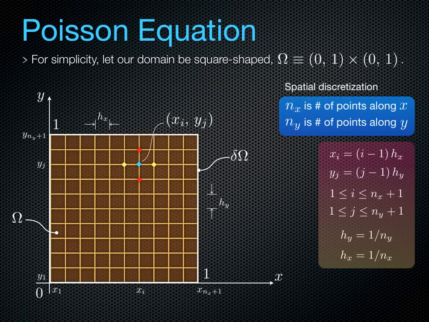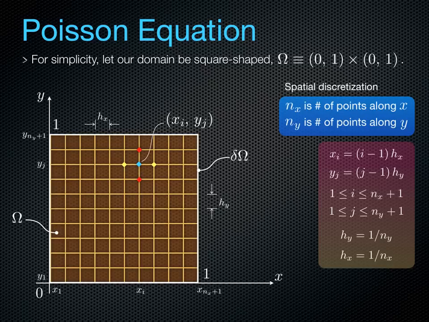Then the next goal is to determine approximations to the second derivatives of the field variable at a given point, such as x sub i and y sub j. Why am I interested in obtaining approximations to the second derivatives? Because the Poisson equation or the Laplace equation contains those derivatives, and I'd like to discretize them and write them in algebraic form rather than in differential form.